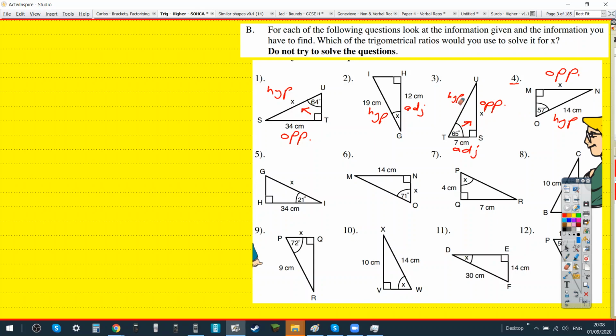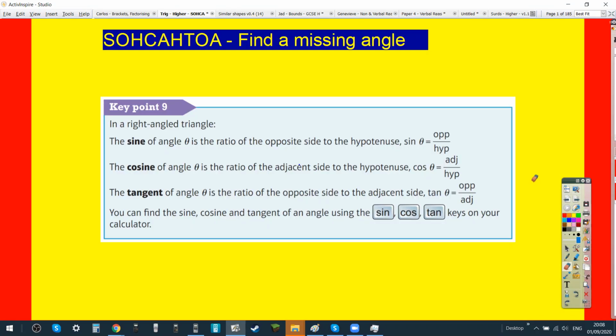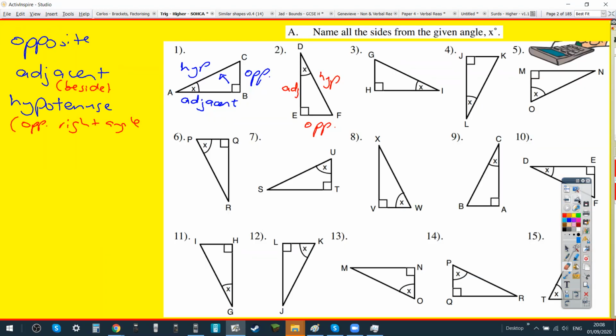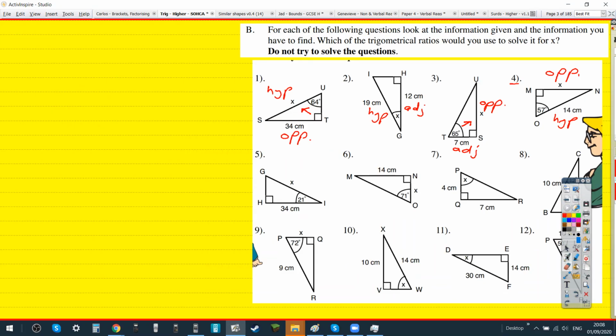Let me now go back to this. These are the 3 things we need. So there's 3 formulas that we can use. The sine of an angle is, maybe I'll just write the full names to begin with, opposite over hypotenuse.